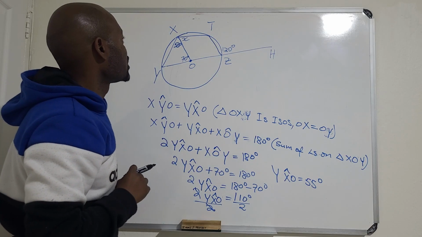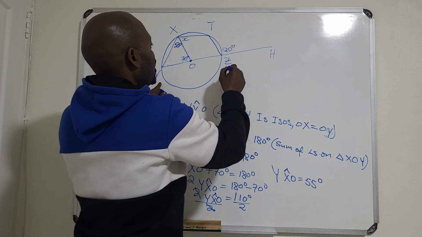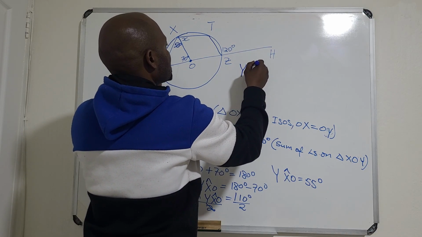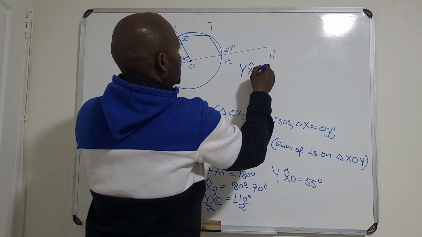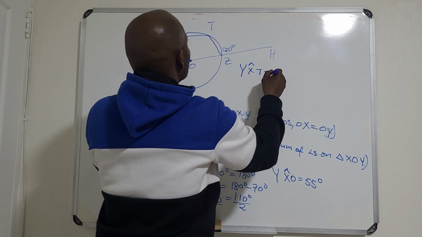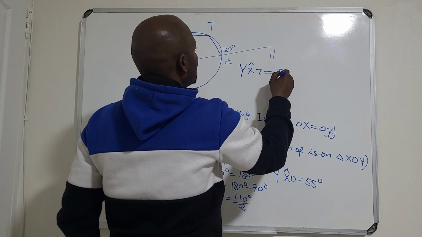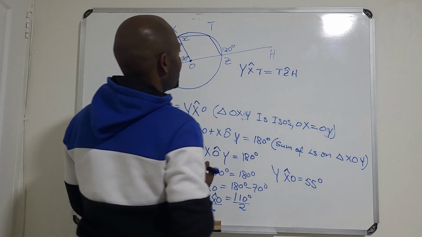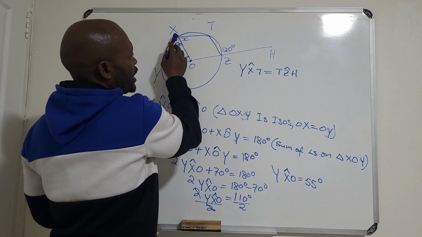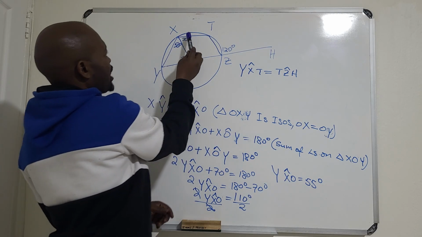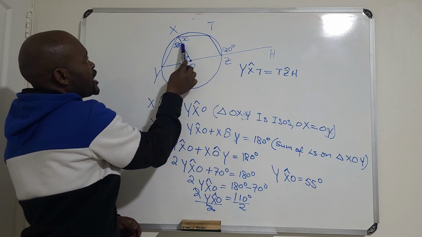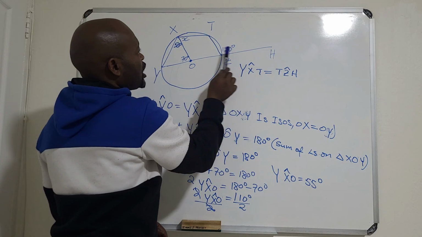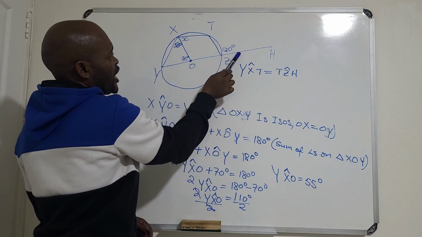And if it's a cyclic quadrilateral, then we can say angle YXT is equal to angle TZH. This simply means that angle YXT, the whole of this angle there, is equal to angle TZH, which is this angle there.